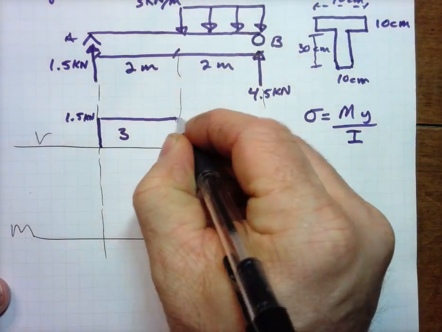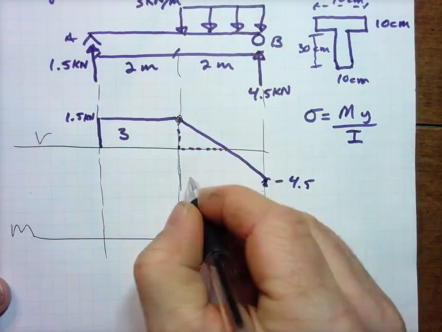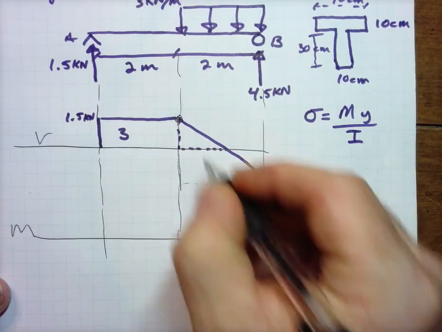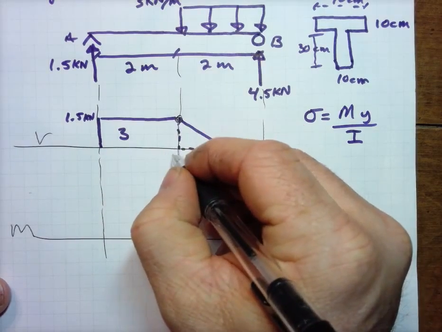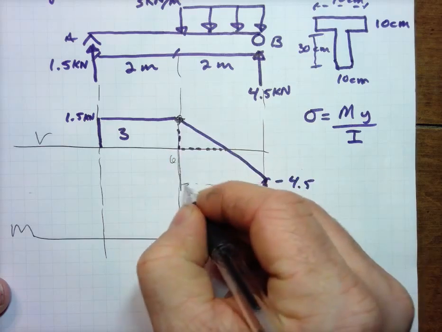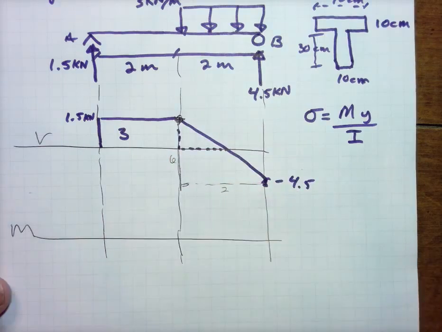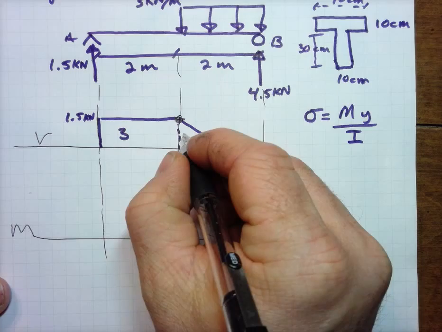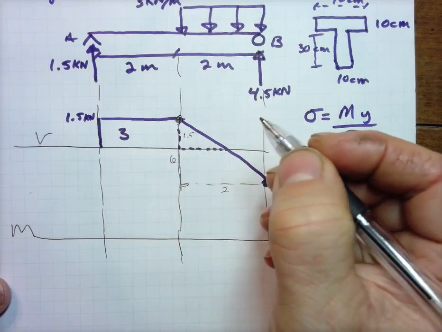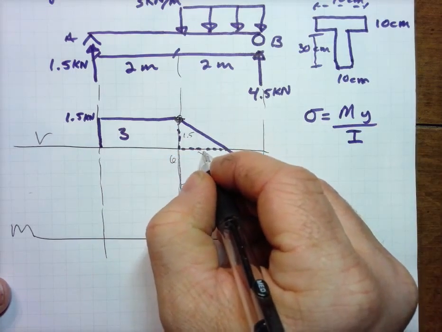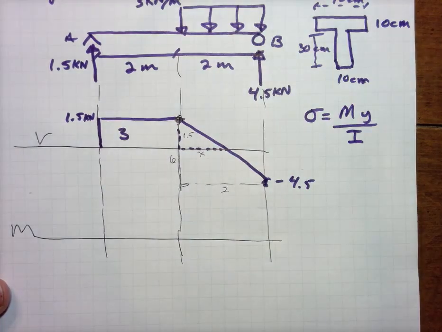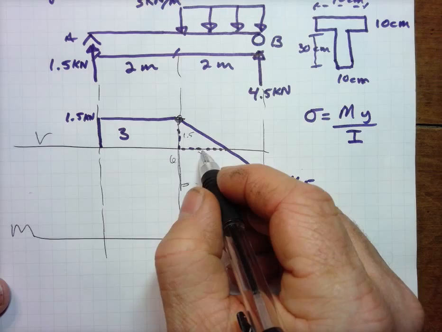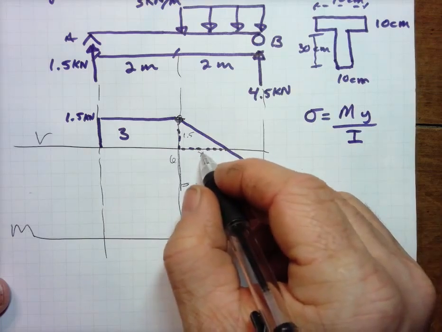We know that for this big triangle here, we have a height of 6 and a base of 2. And for this little triangle, we have a height of 1.5 and a base of, I'm just going to call it x. And from similar triangles, you take a ratio of the like sides.